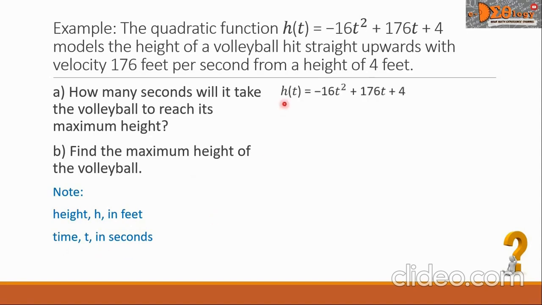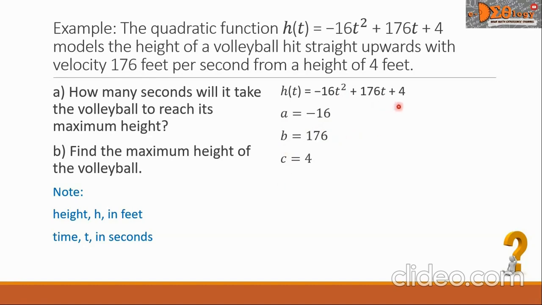Let us first copy our function, and it is now written here. And then let us collect the a, b, c. It means our a is the coefficient of the t squared, which is negative 16. The b is the coefficient of t, and that is 176.